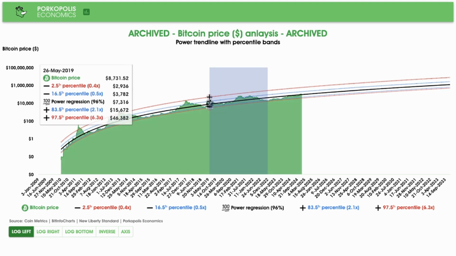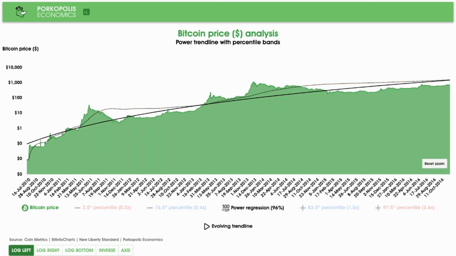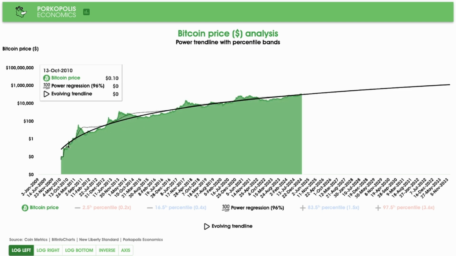But it's not working so well. We can see it's just not working so well. So again, I'm trying to correct that a little bit. And what I'm going to do then is, instead of having the smooth lines in the back, I'm going to show how they evolve. And then once we see how they evolve, we're going to get better residuals, better multiples over and under that evolving trend, and we can use that for the future trend. So that's what I'm going to do.